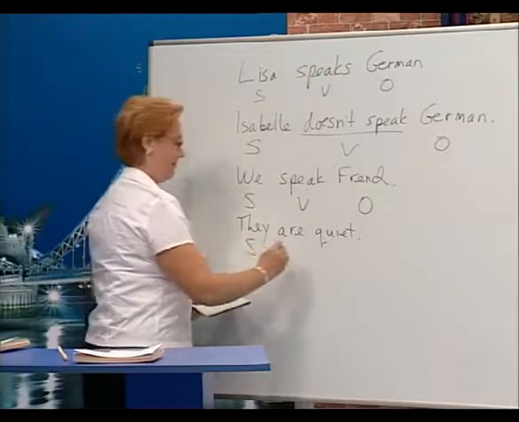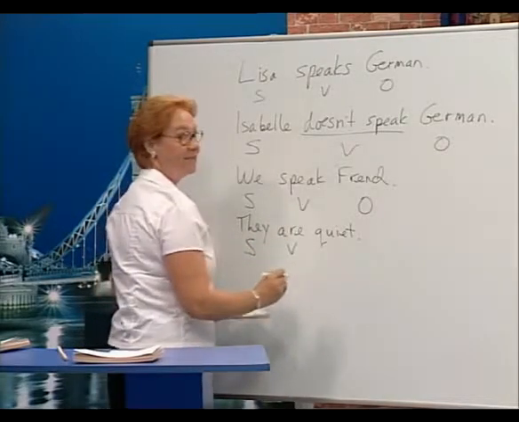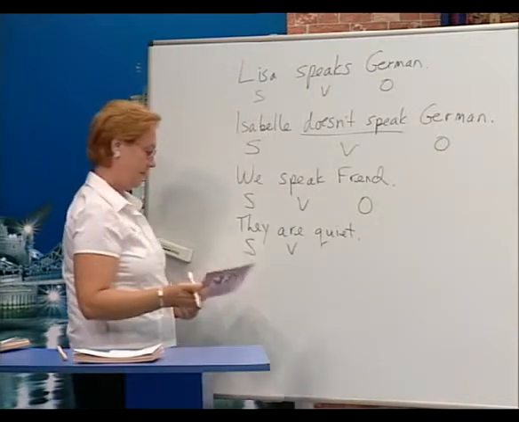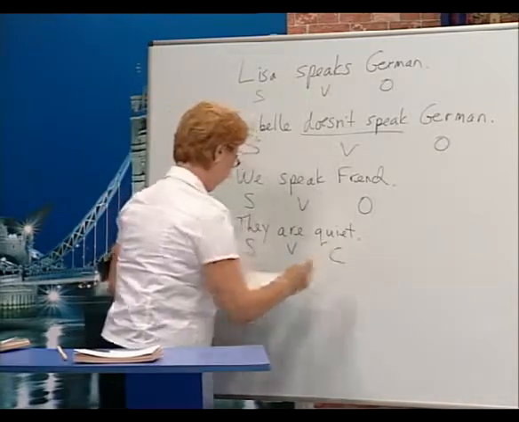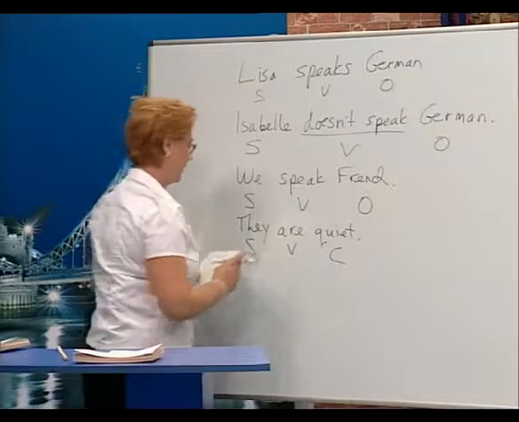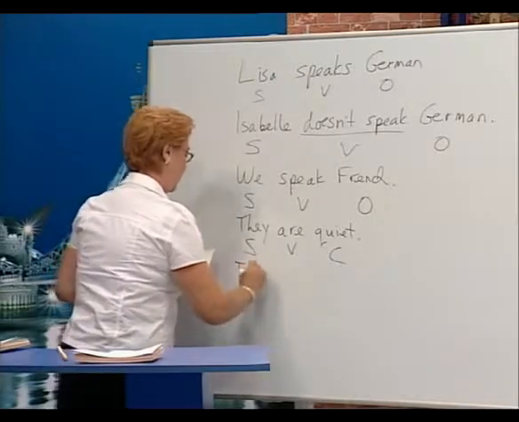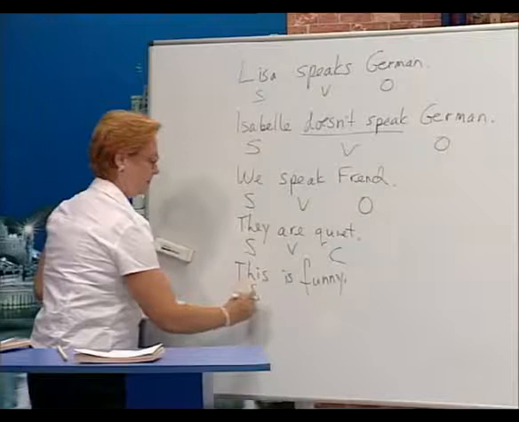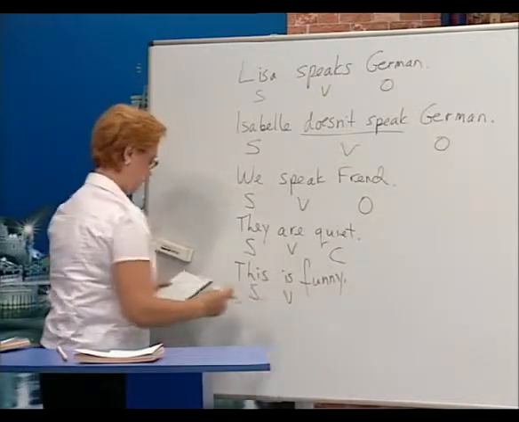They is the subject. Are is the verb. And quiet is the complement. Yes, good girl. Okay, here's another one. Isabel. This is funny. Okay, this is the subject. Is the verb. Funny is the complement.